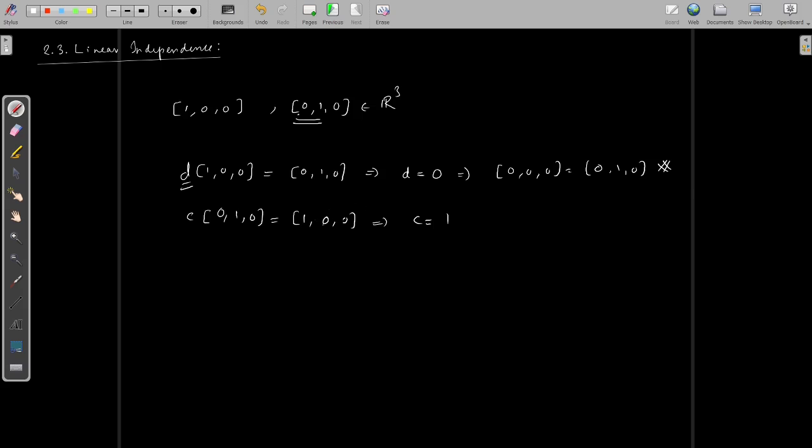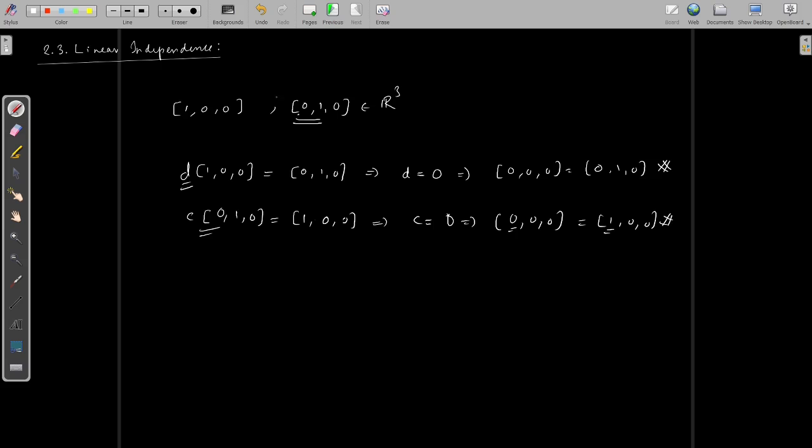From this you can write c equal to 0. Consequently you get (0, 0, 0), that is 0 times this vector, equal to (1, 0, 0). This is a contradiction because when you compare these two terms, you get 1 equal to 0, which is not possible.